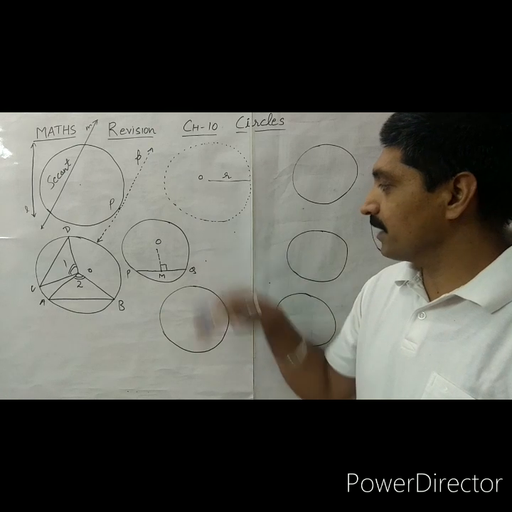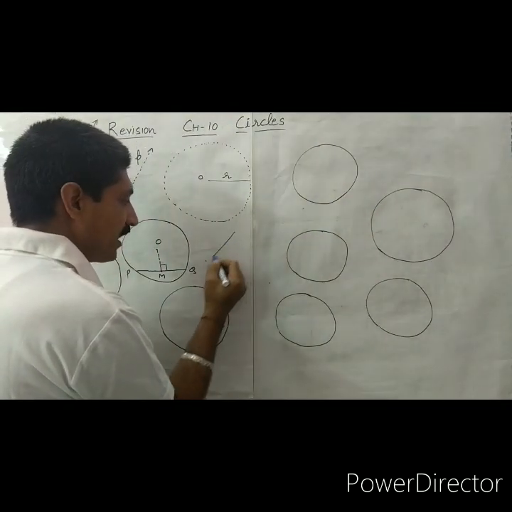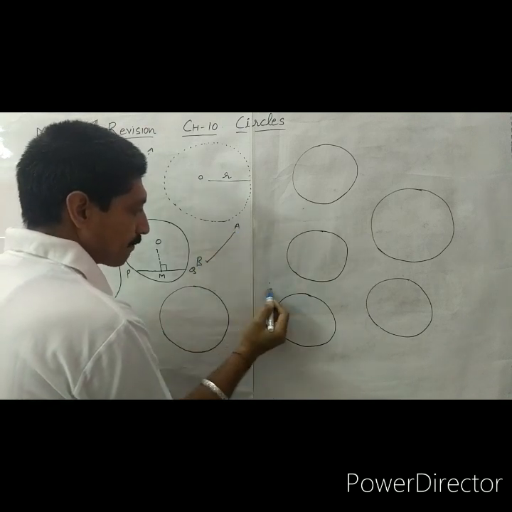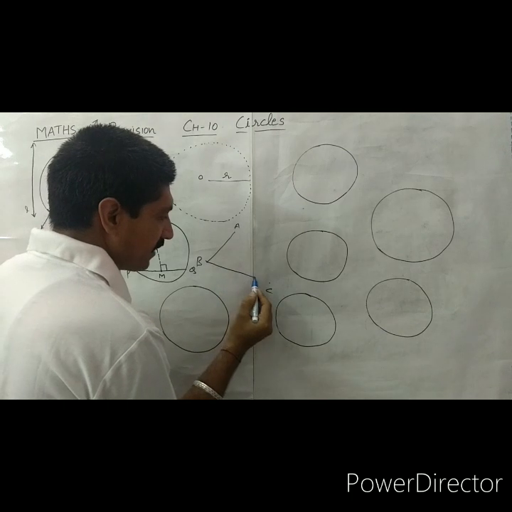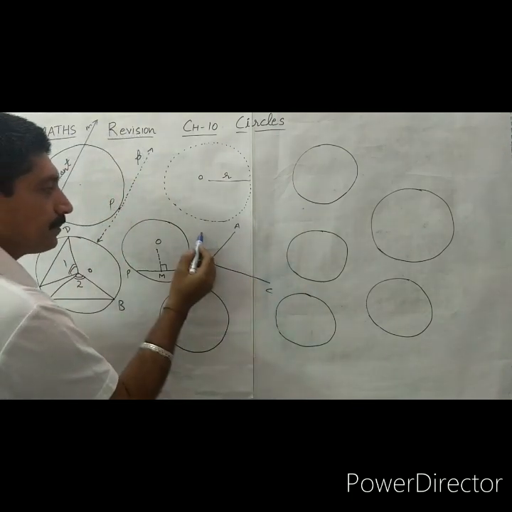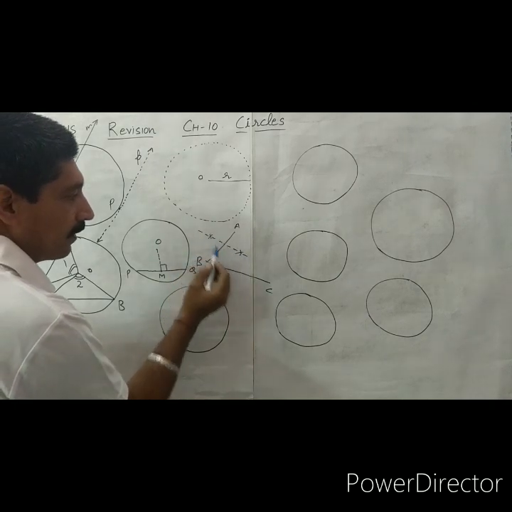In construction, we join any two sides, and then draw the perpendicular bisectors of these two with the help of the compass.